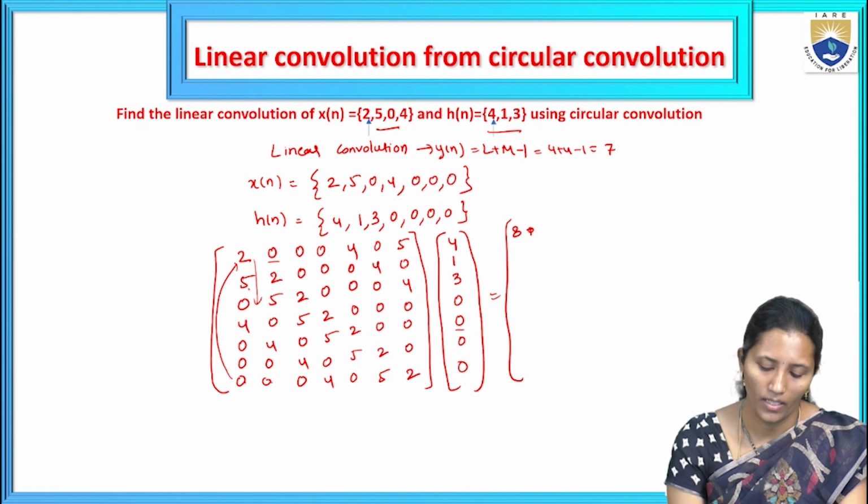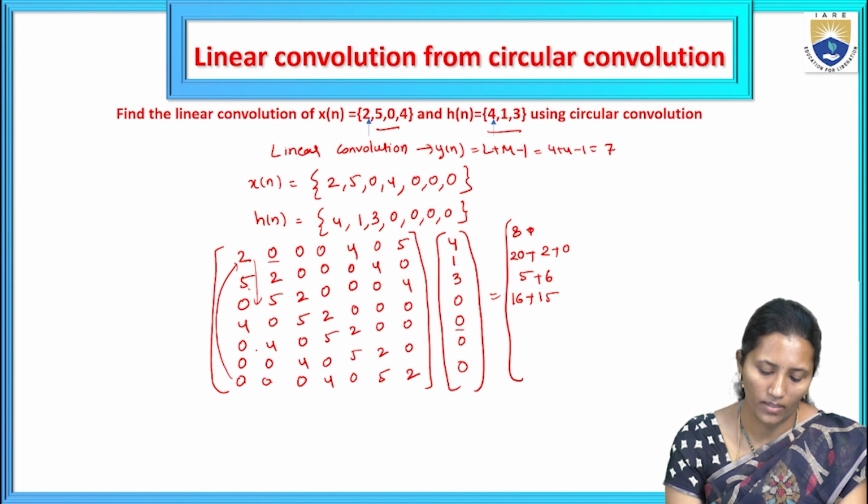In the second, 5 into 4, 20, plus 1 into 2, 2, plus zeros. In the third, 0, 5 plus 6, 11. In the fourth, 16 plus 15, with the rest zeros. In the fifth, 0 plus 4, so 4 only.